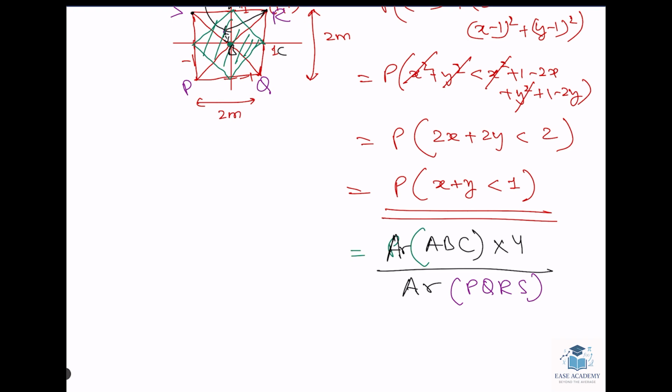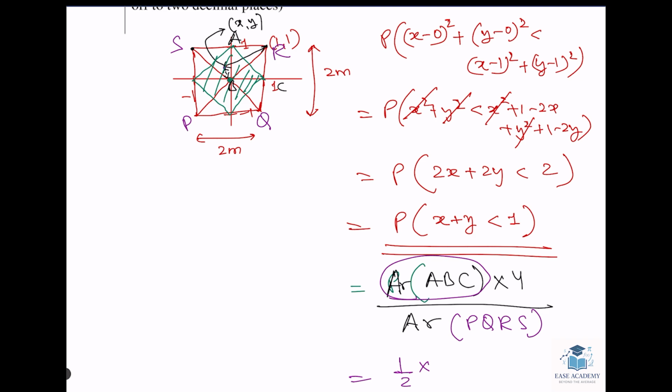The area of ABC would be half into the base into the height, because it is a right angle triangle. This is 1, this is 1.